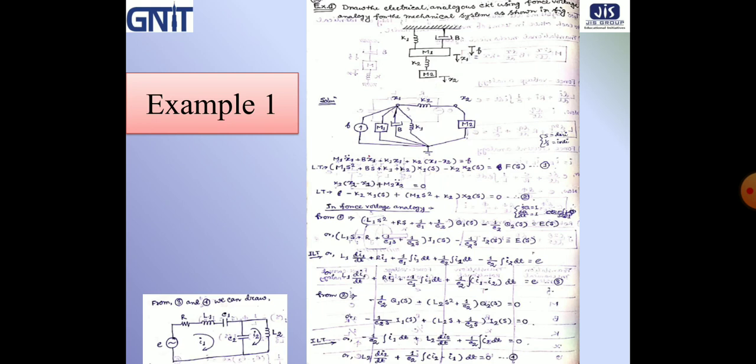So here we got the mechanical circuit diagram like this: at node x1, m1, b and k1 are connected and the force is also connected, and at node x2, k2 and m2 are connected.